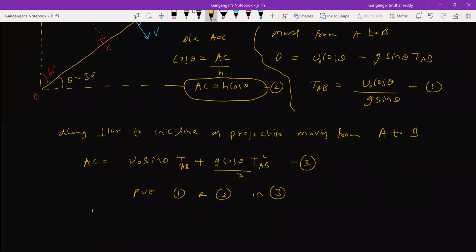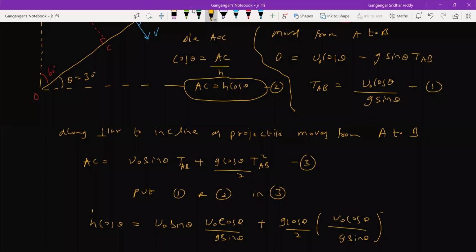So AC, this will be H cos theta equals u naught sin theta times u naught cos theta by g sin theta plus g cos theta by 2 times u naught cos theta by g sin theta whole square. Solve for everything, you'll get the value of u naught.